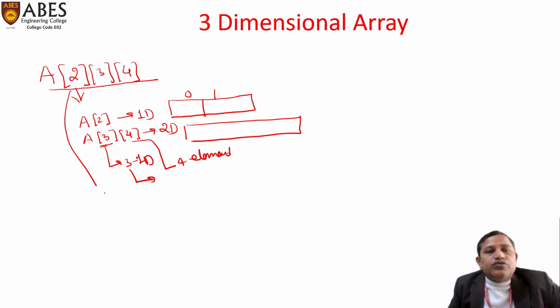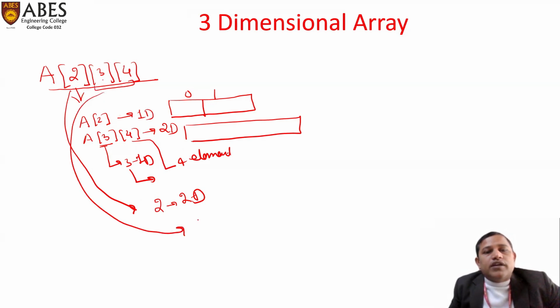What is the meaning of the 2 here? 2 represents the number of two-dimensional arrays, and each two-dimensional array contains 3 into 4 elements, that is 12 elements.